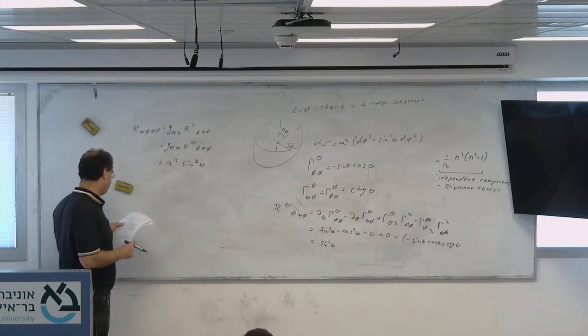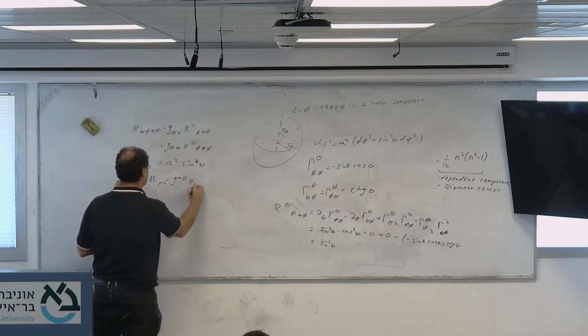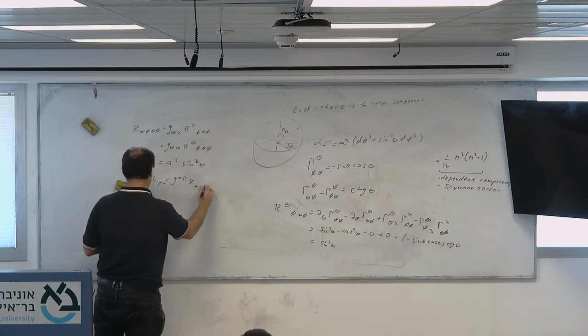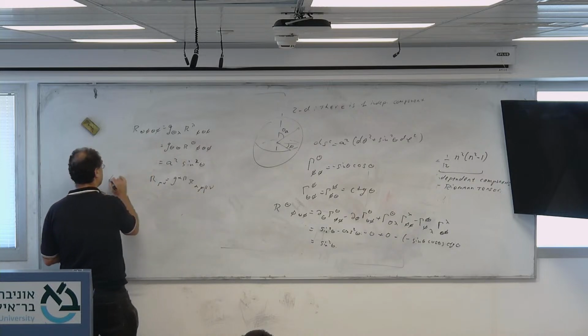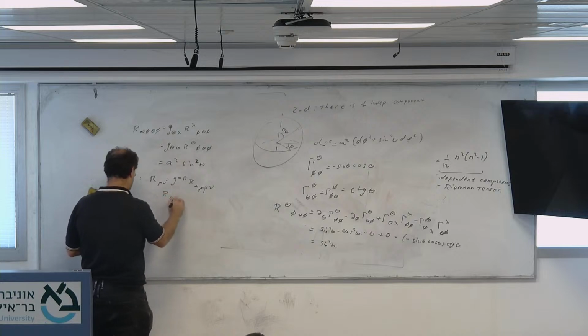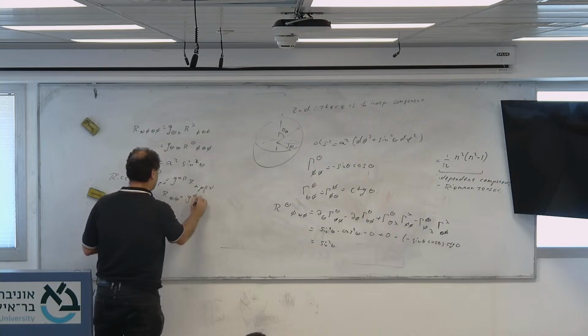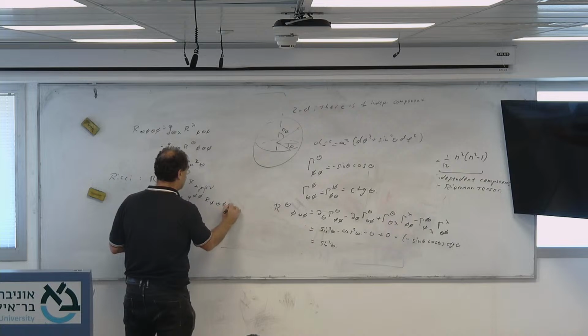What about the Ricci tensor? R mu nu is g alpha beta R alpha mu beta nu, and you have that R theta theta is g phi phi R phi theta phi theta.